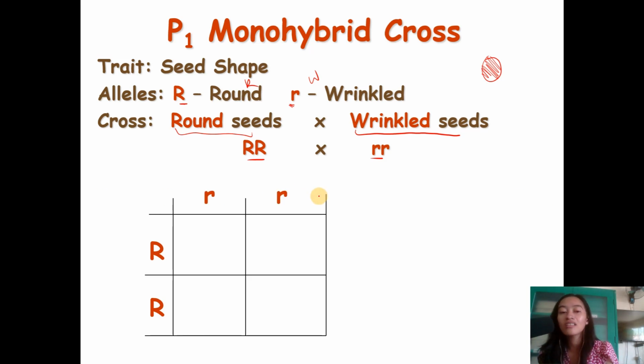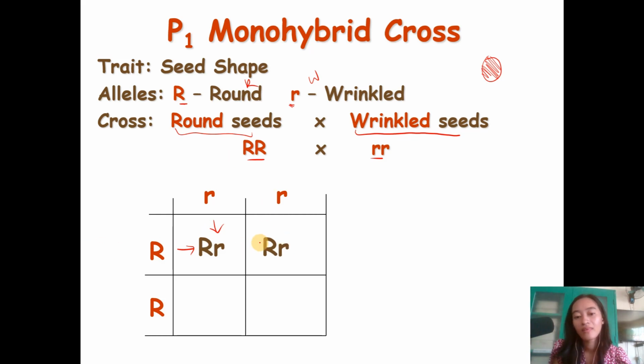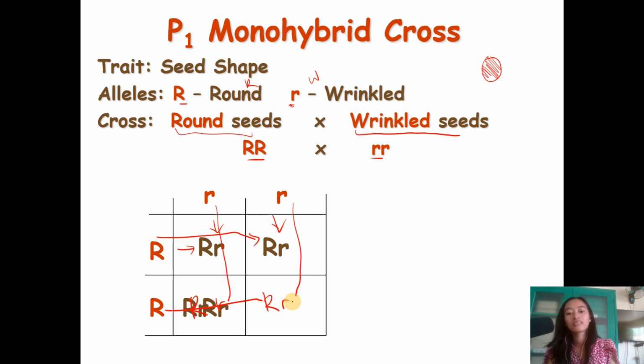And then you go straight, pair by pair. So write the big R and small r here, and then next, just this one, and then you can guess now. Then here again, and then this one versus this one.